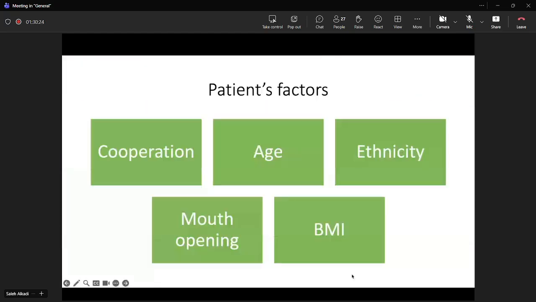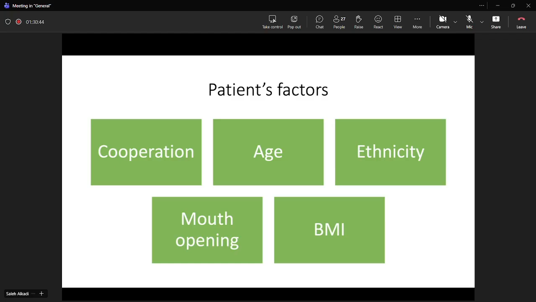Okay, the other factors that you need to consider, apart from tooth factors, are the patient's factors. They are very important factors. Cooperation: if you have an uncooperative patient and it is a very easy, simple extraction, this is a complicated extraction. This will make extraction very difficult.